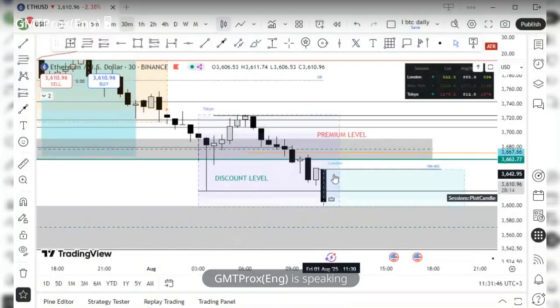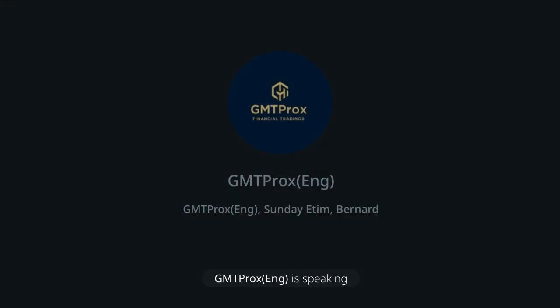But our focus is this: if we see price go above this high, 36.48, then we wait for a retracement to our order, then we move to the top.